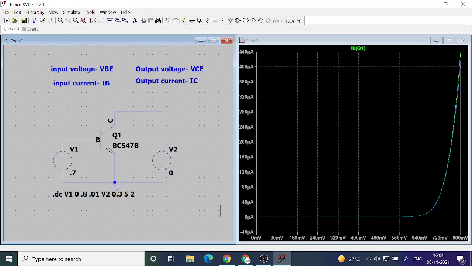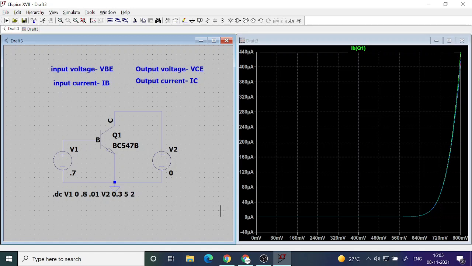And there are three characteristics I told you. One is input characteristics, second is output characteristics. You need to define what is the input variable, voltage and current, output variable, voltage and current, and then also transfer characteristics. What is plotted with respect to what? What is kept constant? And what can you find out from the curve?